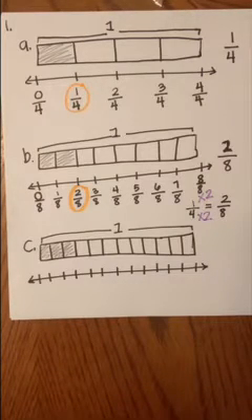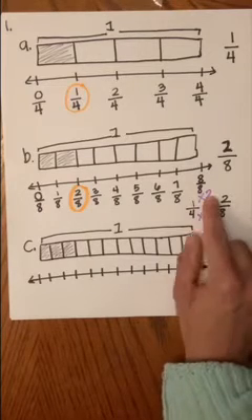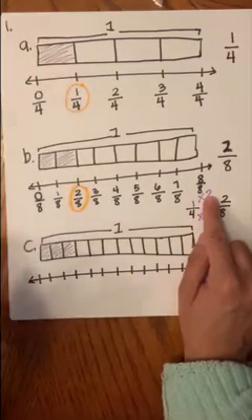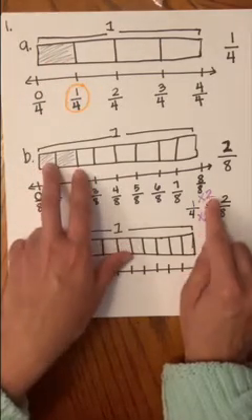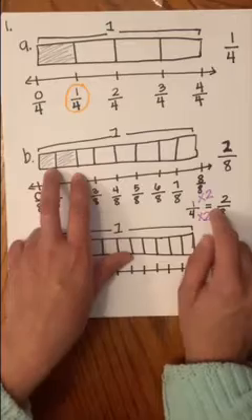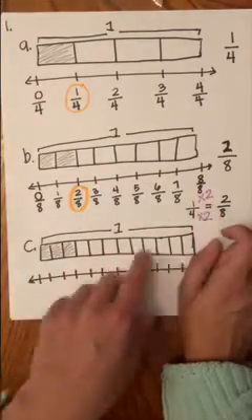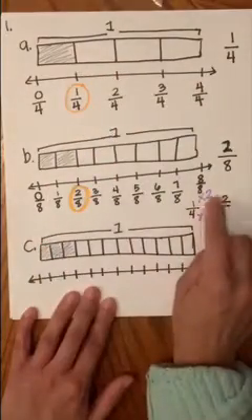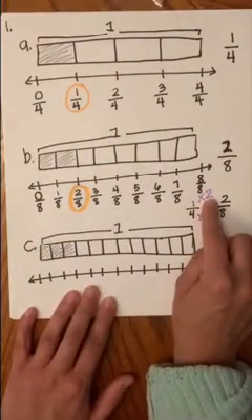And if I pay even more close attention, I can see that here, my 1/4, I decomposed it to make 8. I decomposed it and I did each part. I cut it into 2. Can you see that, boys and girls?